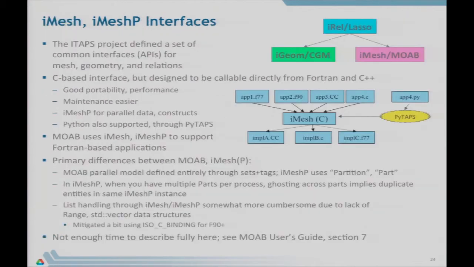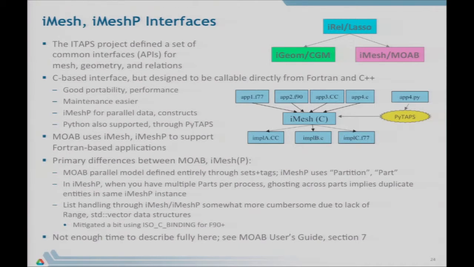MOAB has an interface for accessing from C++ or C. If you're interested in accessing from Fortran, we've defined a common interface called the iMesh interface as a collaboration with a number of institutions. And we defined a common C-based interface that's also directly callable from Fortran.